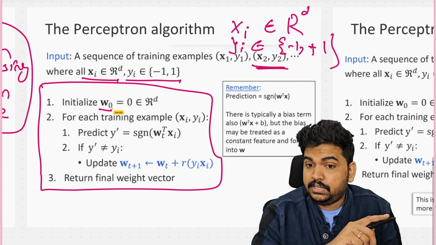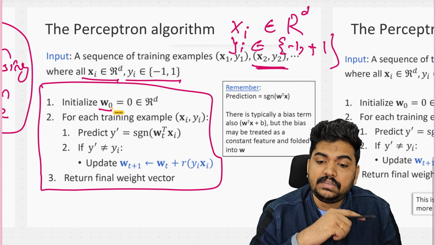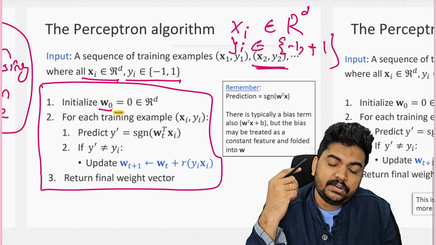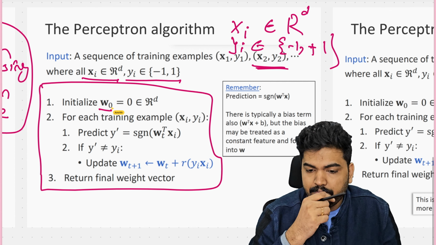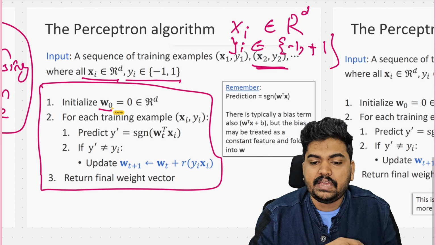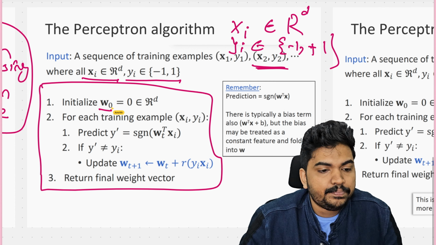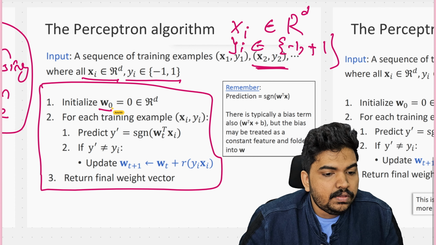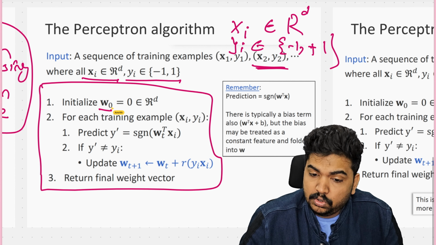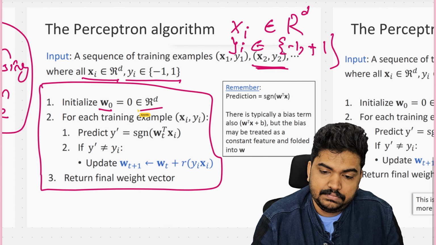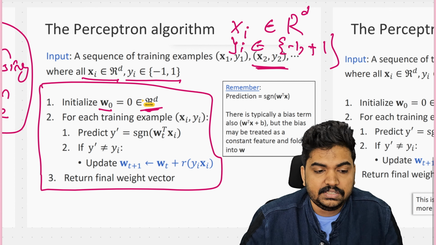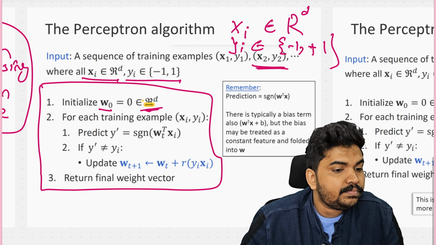From the previous slide, we knew that it is mistake driven. So whenever the system is incapable of making a right prediction for a training example, we say that there is a mistake and we update the value. Please note that w is also a d-dimensional vector to match the feature vector size of the input.